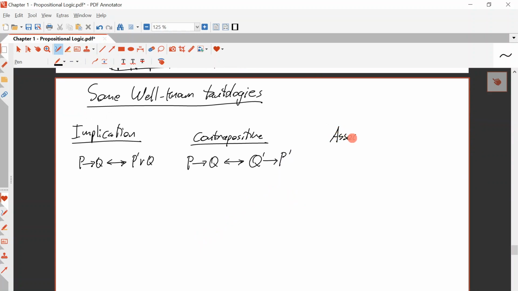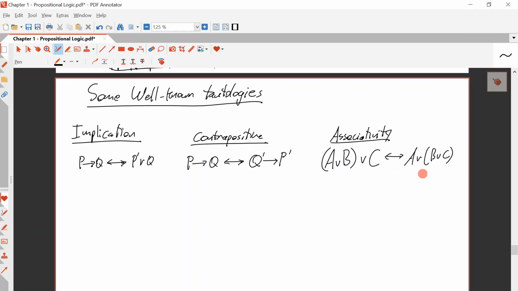Associativity. These are actually 2 tautologies. A or B, disjunction C, is the same as A, disjunction B or C. This is because essentially disjunction can be defined for 3 or more terms.